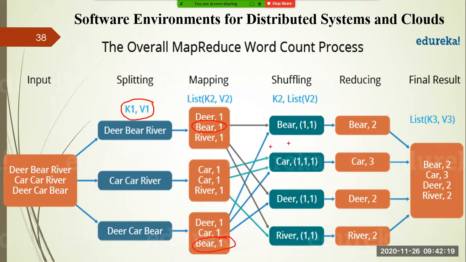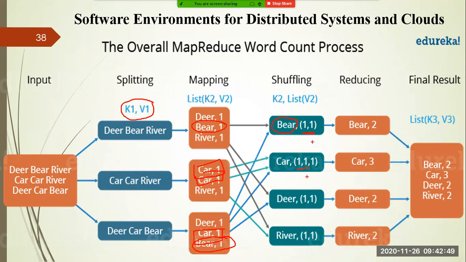So they can be combined with respect to the key. The key is beer, and the list is one, one, since one time it is repeated here and another time it is repeated here. Similarly, for car, I have taken another shuffling. You can see car is repeated twice in this block, and car is repeated once here. So that we are taking.